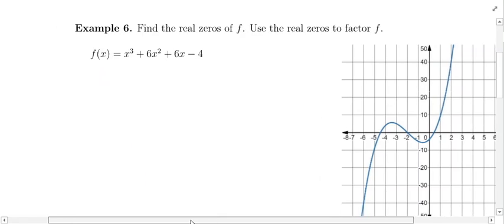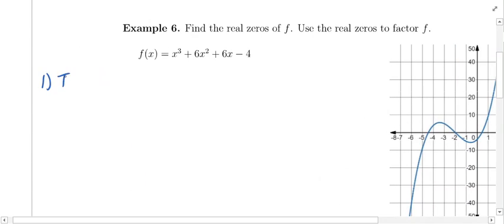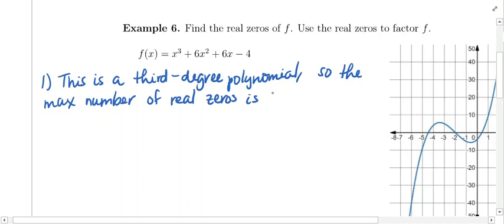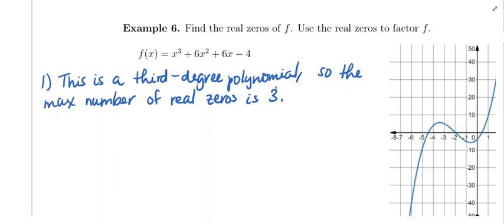So the maximum number of real zeros is 3.